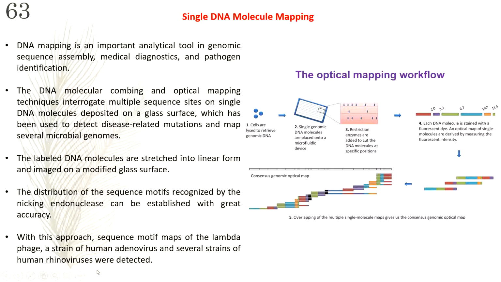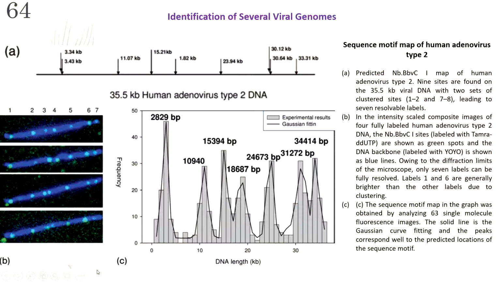It's faster than RT-PCR, so that's why people are trying to use this as a detection technique. Generally this is not a very lethal strain, but if a lethal strain comes then time is a matter of essence. So people have already tried to apply this to several viral genomes also.